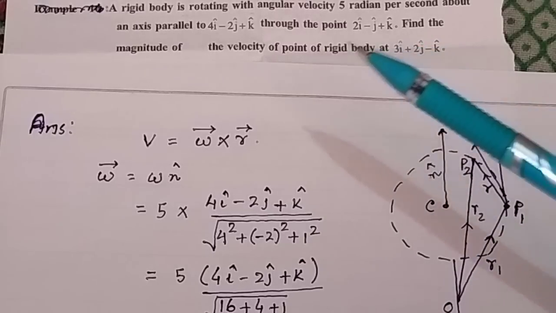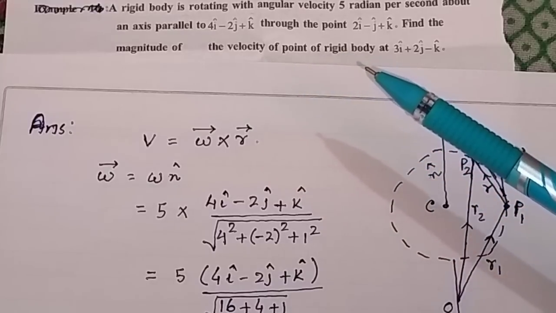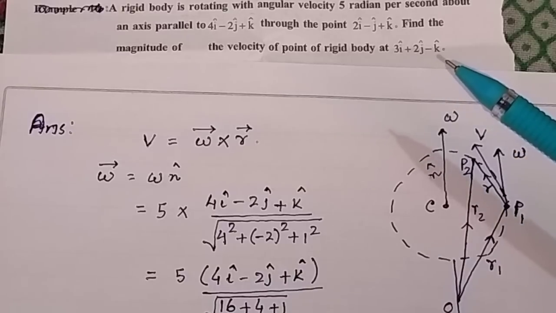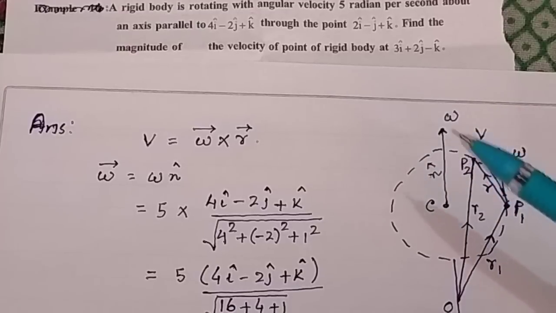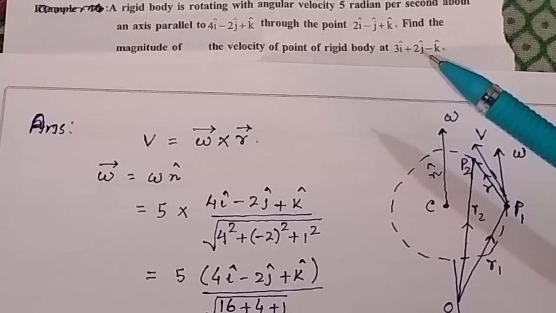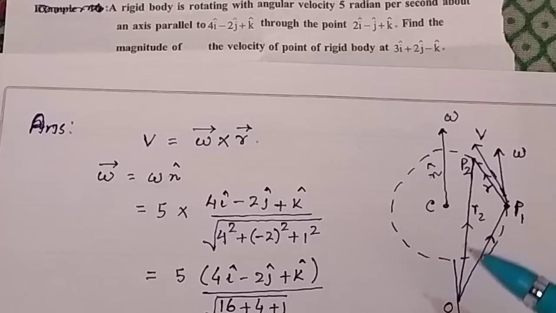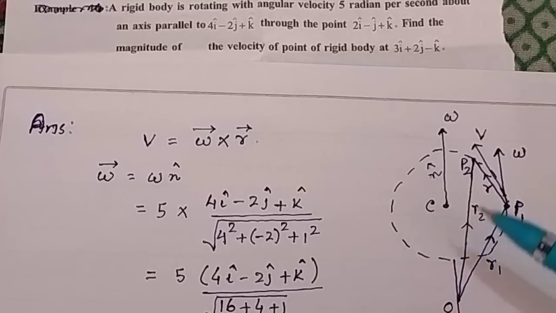And you have to find the magnitude of the velocity of the point of the rigid body at 3i cap plus 2j cap minus k cap. Suppose this is the point P2, and the position vector for this point is r2.